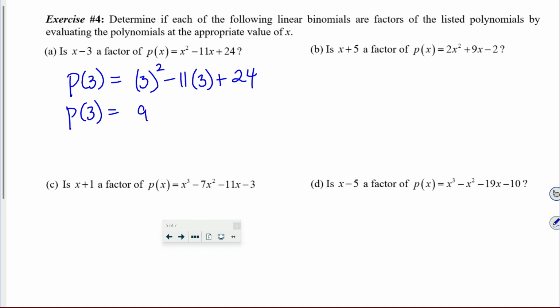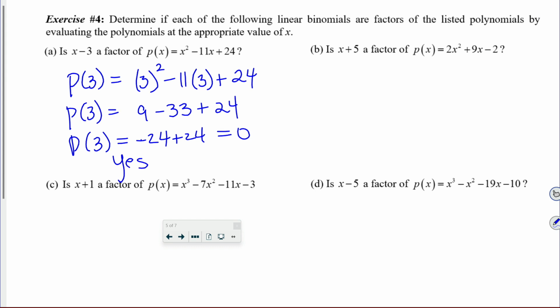Now again, we could totally do this on our calculator. Okay, nothing wrong with that. But we would get P of 3 is 0, because 9 minus 33 is negative 24, plus 24 is equal to 0, and the answer is yes, because P of 3 equals 0.